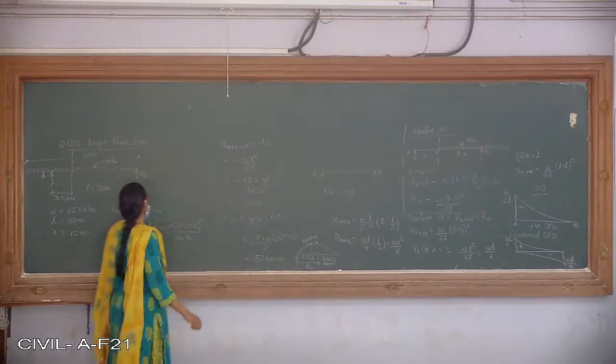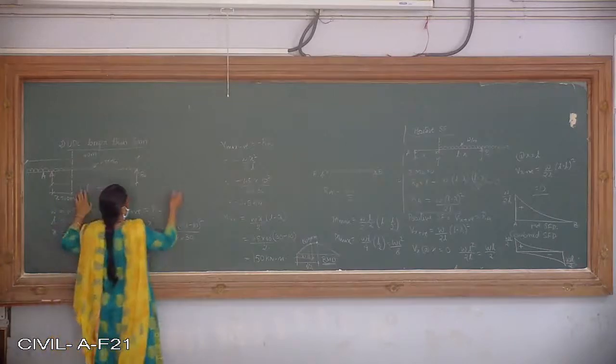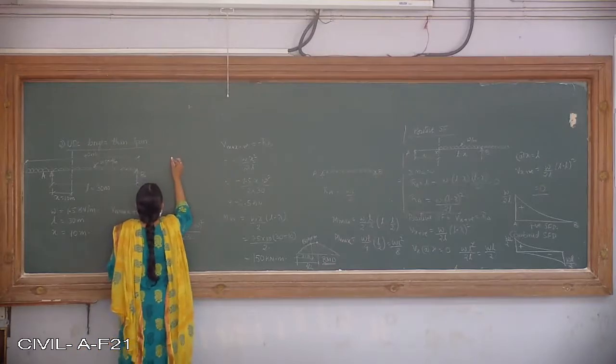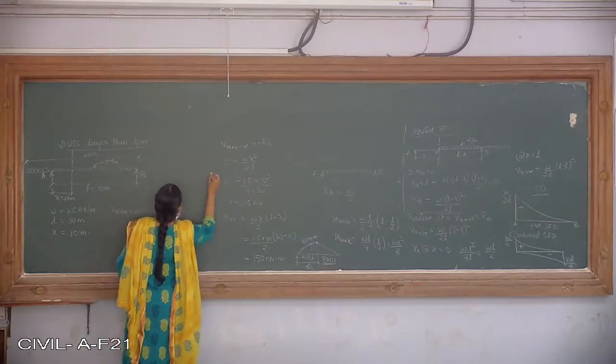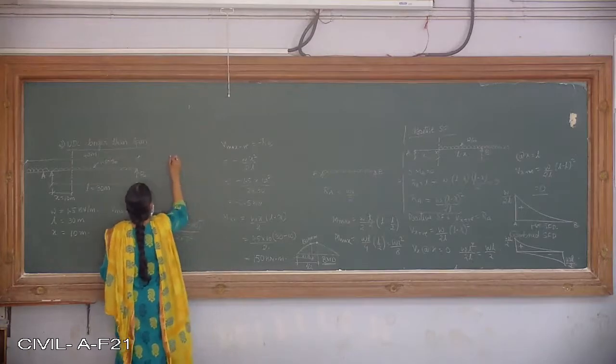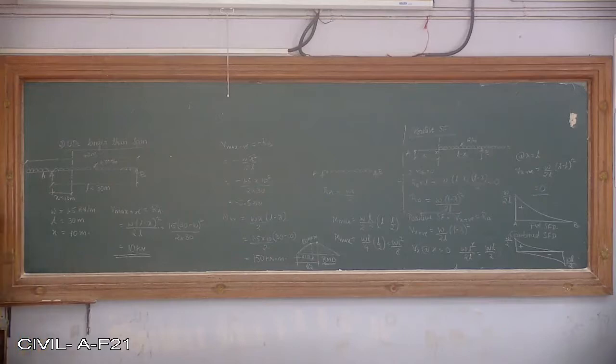Similarly, in your SFD also at this section, your positive shear force value, what you got, 10 kilonewtons. Okay, it will be something like this. You will be showing the positive shear force diagram and the negative shear force diagram together in one figure itself.